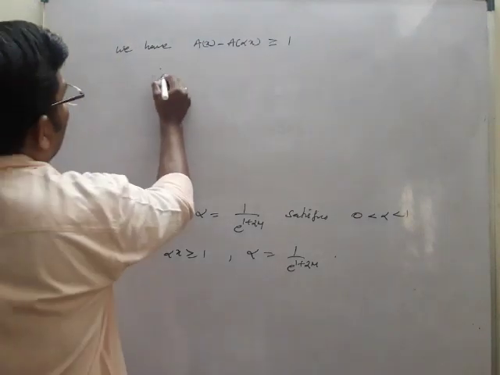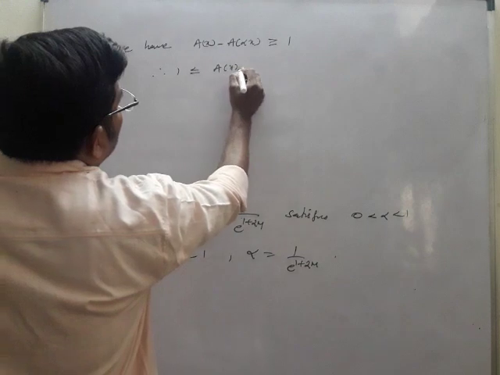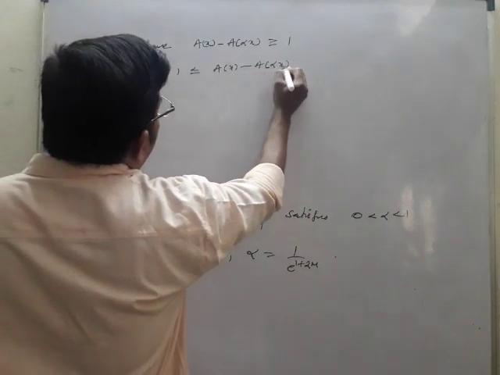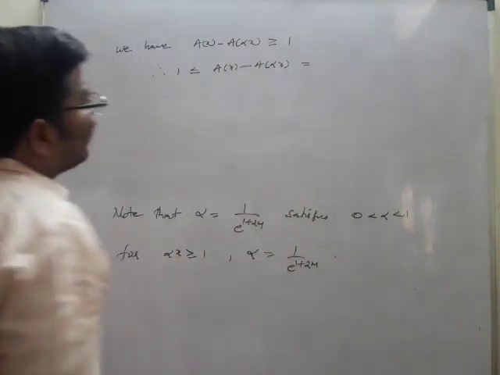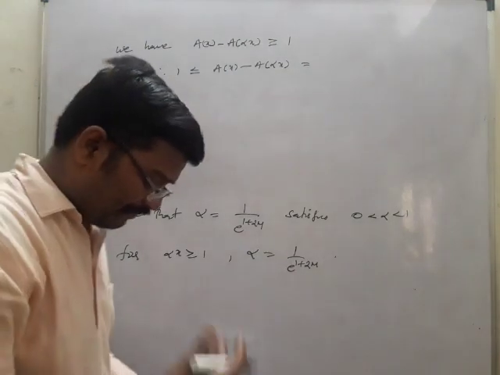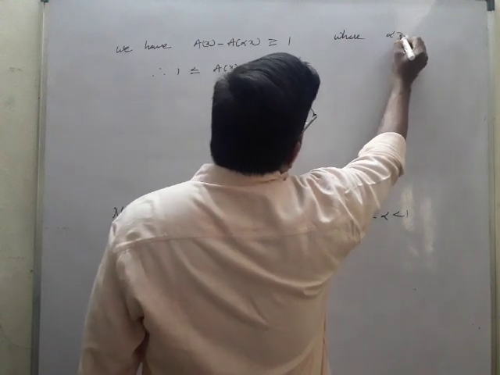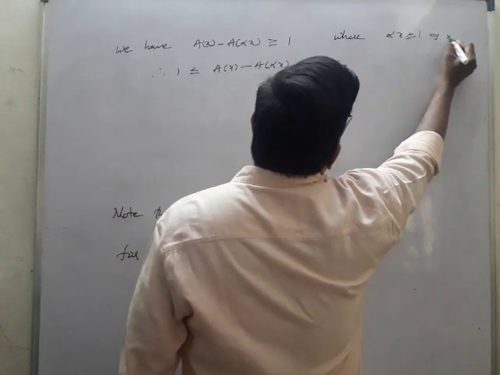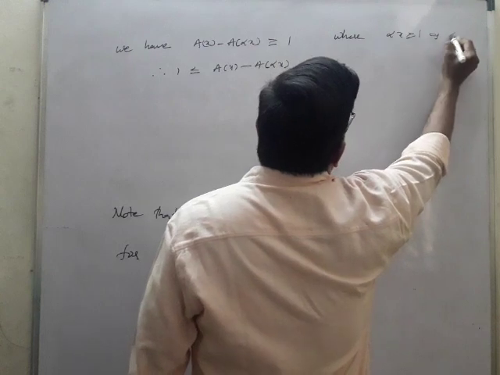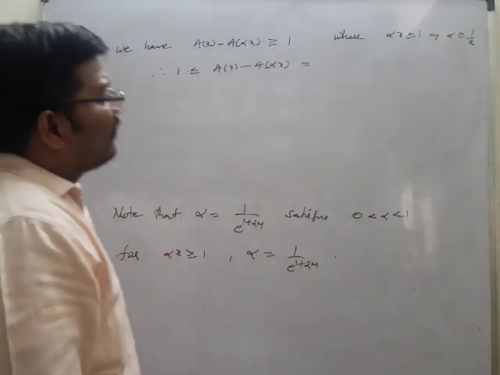Therefore 1 is less than or equal to a of x minus a of alpha x, where alpha x is greater than or equal to 1, that is alpha is greater than or equal to 1 by x. That is what we have chosen.